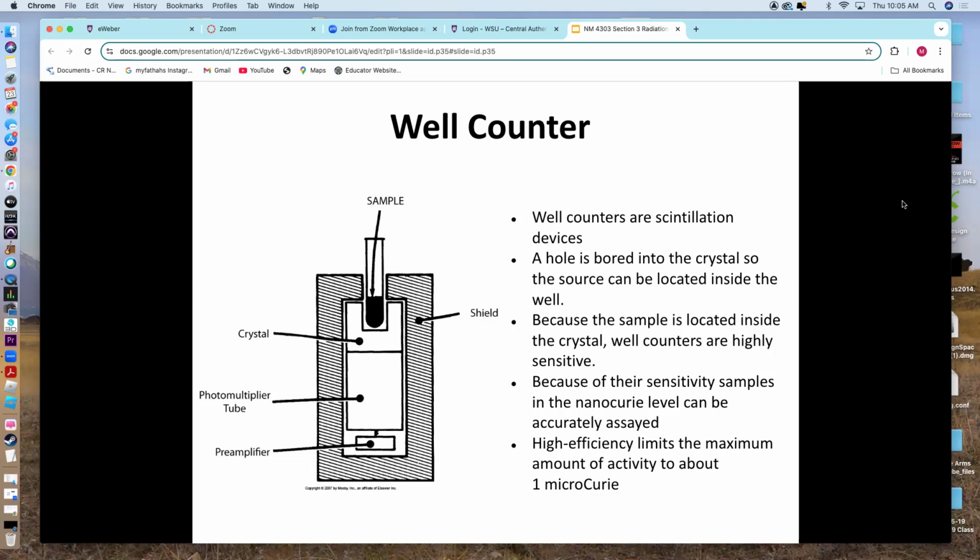So a well counter is a scintillation device. And remember I mentioned when we talked about sensitivity and efficiency, I talked about how radiation goes in 360 degrees, right? It goes out in all directions. And remember when we had our discussion about gamma cameras, we mentioned that sensitivity is dependent on how much radiation is coming off versus how much we are able to gather.